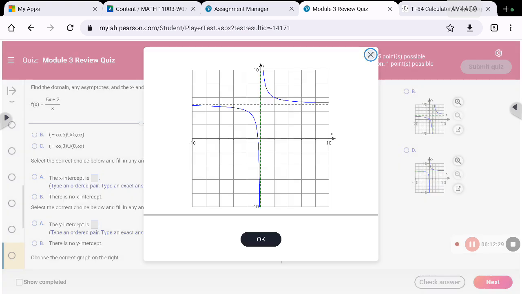And D. Vertical asymptote, x equals 0. Horizontal, y equals 5. X-intercept at -2/5. And then you'll notice the other characteristic was it doesn't have a y-intercept. And you'll notice that this graph will never cross the y-axis. So that's why it would be that D option.